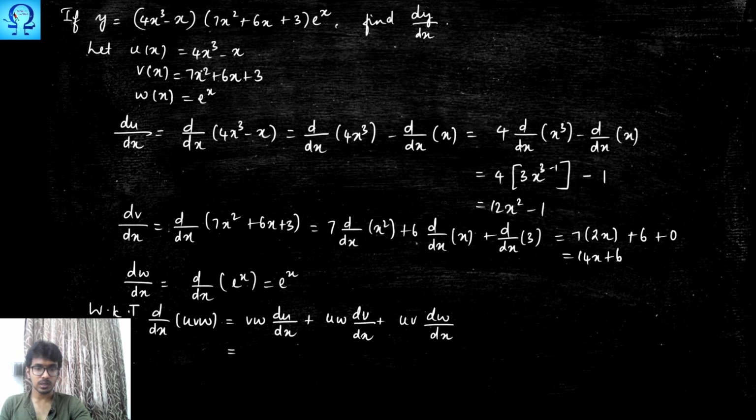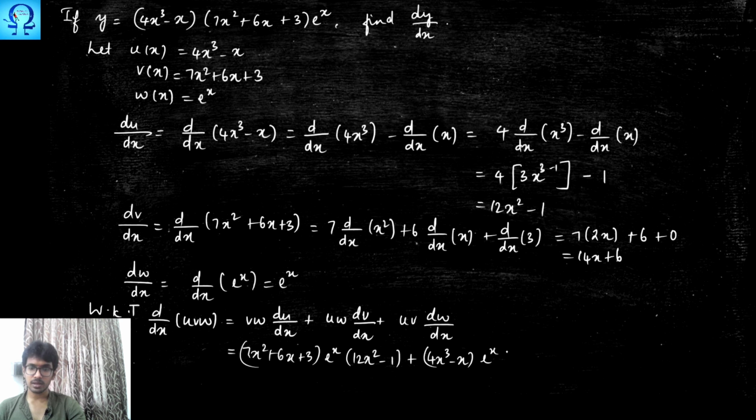What is v and what is w? That is going to be 7x squared plus 6x plus 3. W is e power x, and du upon dx is 12x squared minus 1. Plus u is 4x cube minus x, and w is e power x, and dv upon dx is 14x plus 6.